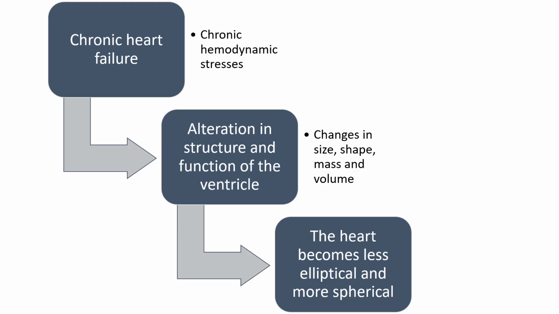The heart becomes less elliptical and more spherical, and these geometric alterations initially are compensatory, as the failing heart enlarges to increase ventricular volume, leading to a greater stroke volume and higher cardiac output despite a reduced ejection fraction.